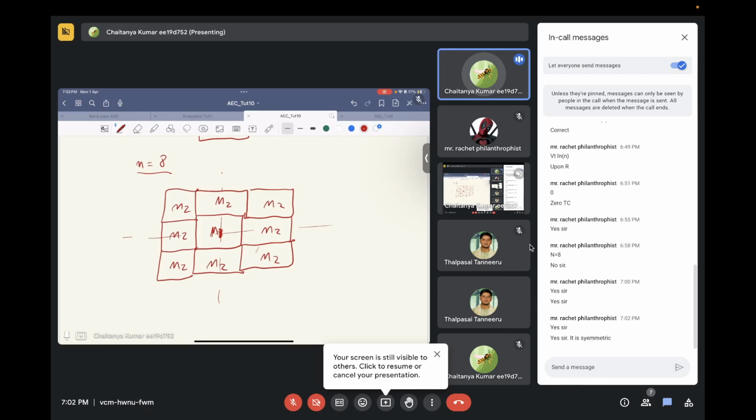And why you need this to be symmetric is, let's say there is some temperature gradient. The process of making silicon might be such that here the temperature is T1, and here the temperature is T2. So M2 will face an average temperature of T1 plus T2, and the same temperature will be faced by transistor M1.